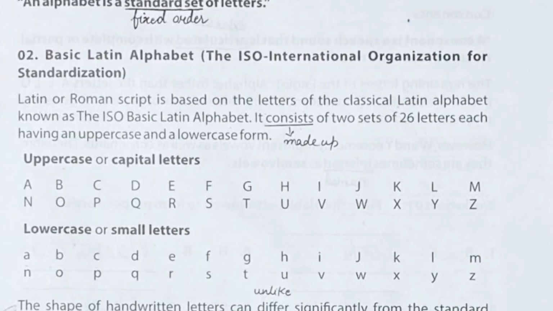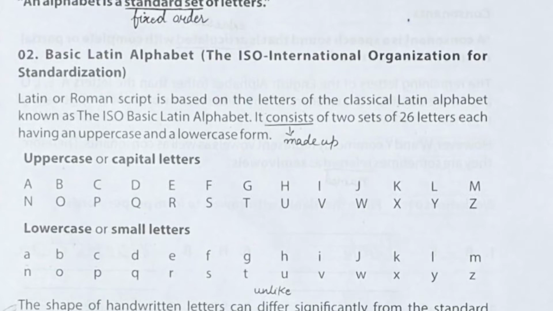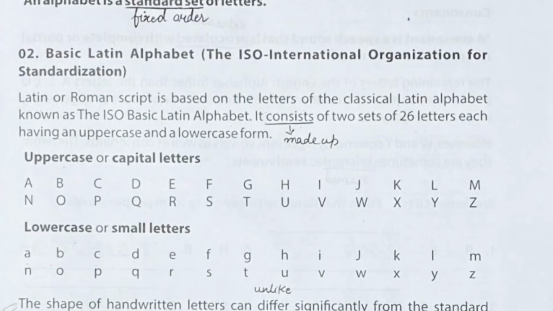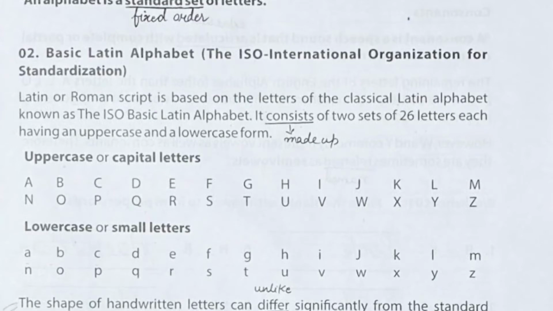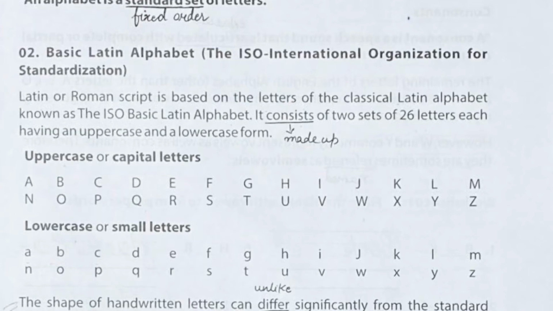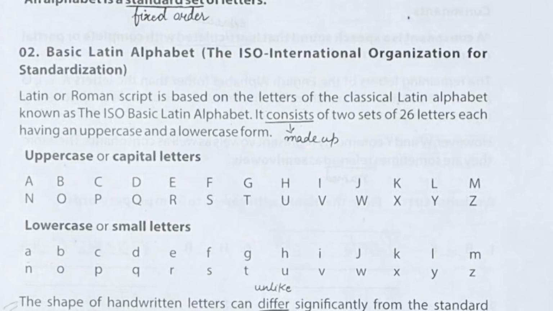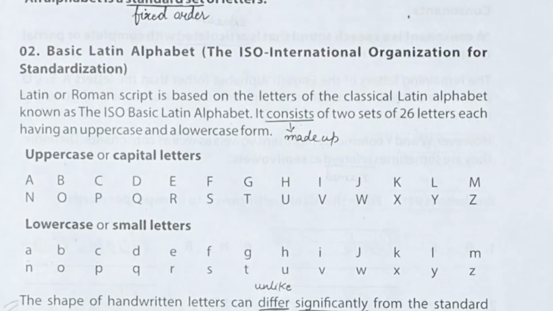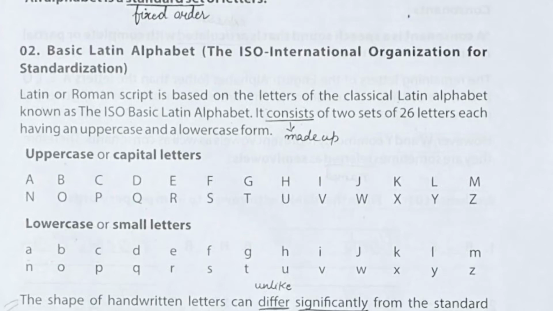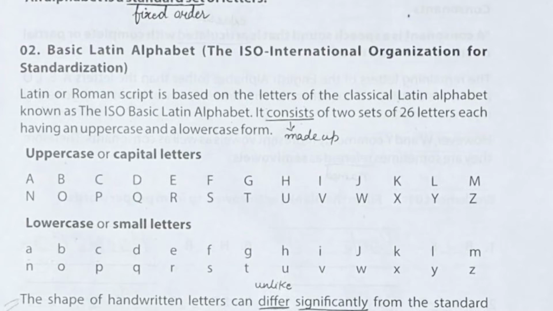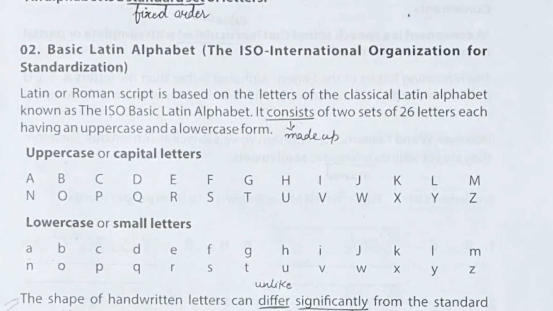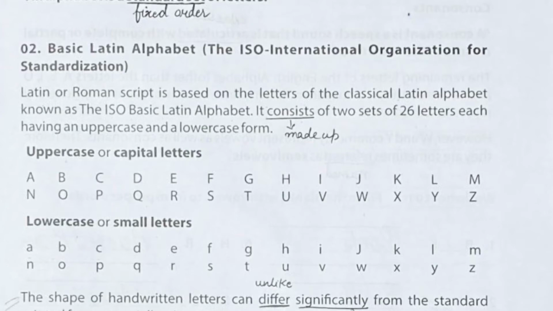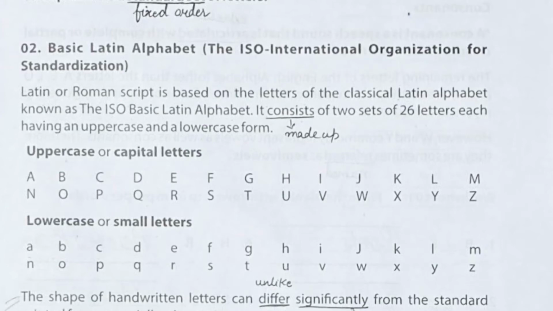It is made up of two sets of 26 letters each, having an uppercase and a lowercase form. So this basic Latin alphabet is made up of two sets, known as uppercase and lowercase, as you can see on this page also.